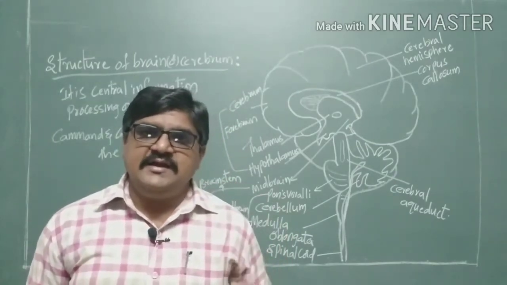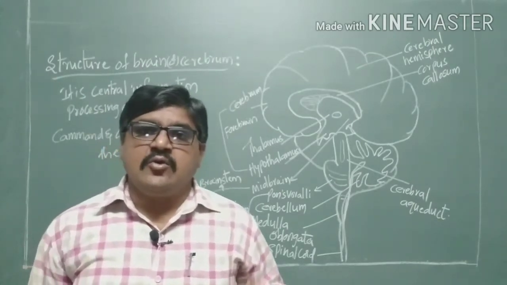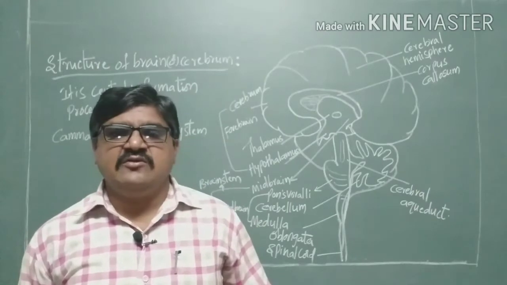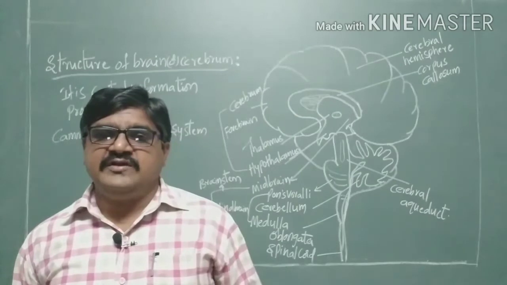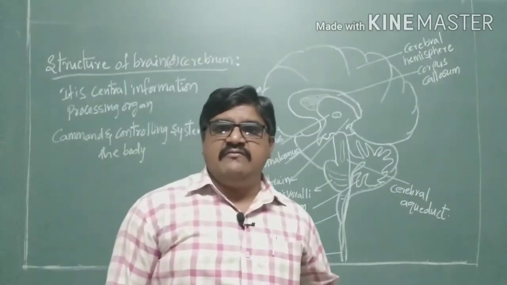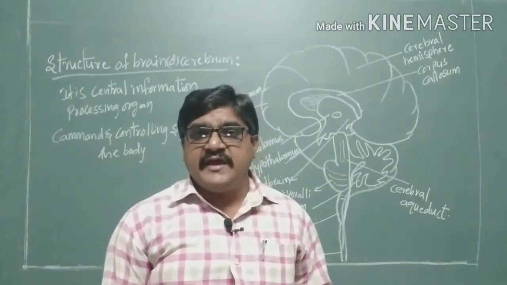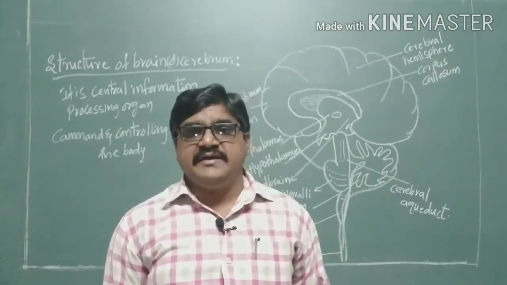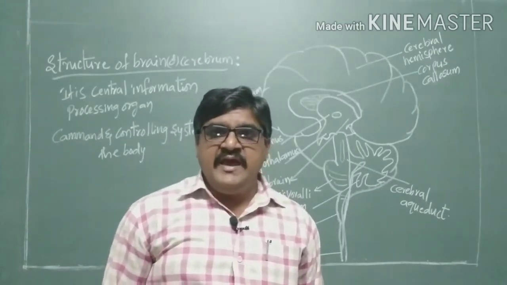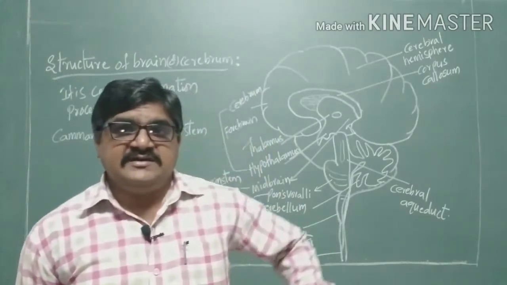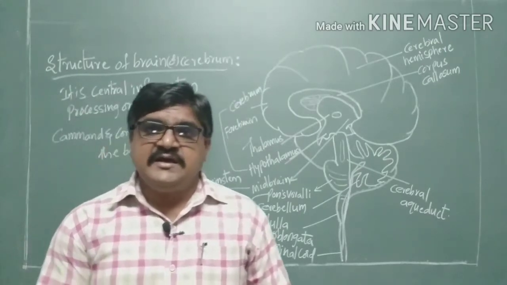Not only the skull and vertebral column, they are also protected by three other components: the meninges, the cerebrospinal fluid, and the gray as well as the white matter. These are the three coverings of the brain and spinal cord present in the central nervous system.